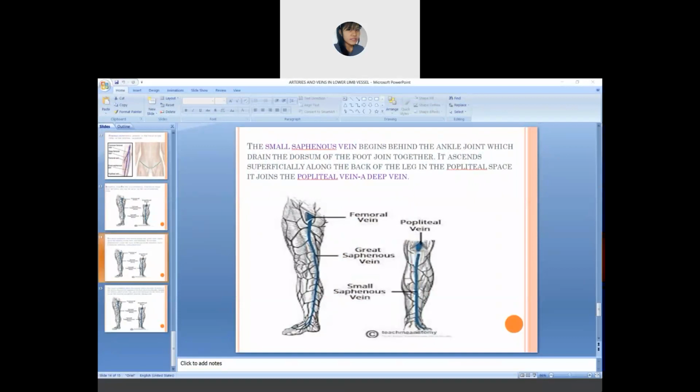Ultimately, where will it go and join? Crossing the medial aspect of the tibia and up the inner side of the thigh, just below the inguinal ligament, to the femoral vein. And it is the longest vein in the body. Okay, very good.